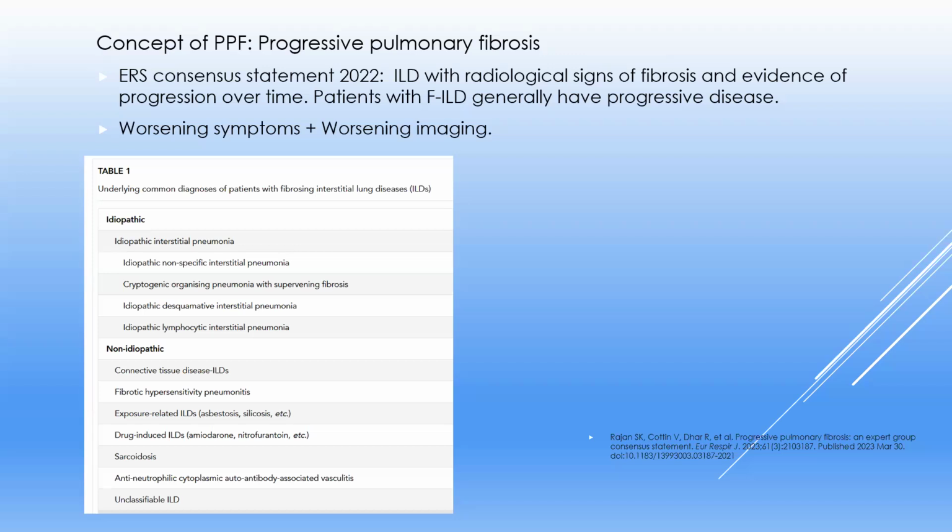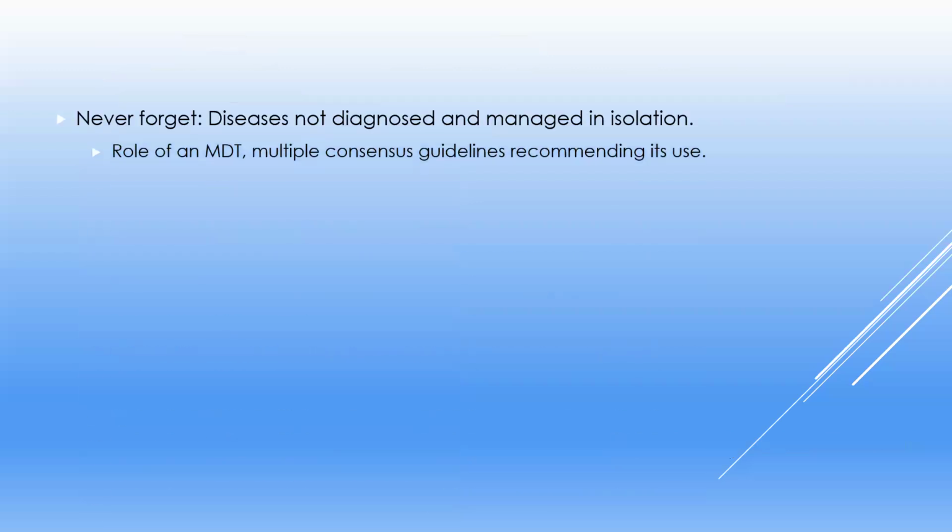Generally, these patients have progressive disease in the form of worsening symptoms, worsening images, and more than likely worsening pulmonary function parameters. Big classes that might have PPF are the idiopathic interstitial pneumonias, but quite a lot of other ILDs, including connective tissue disease, fibrotic forms of HP, fibrotic forms of sarcoid, and even certain drug-induced ILDs may progress despite withdrawal.